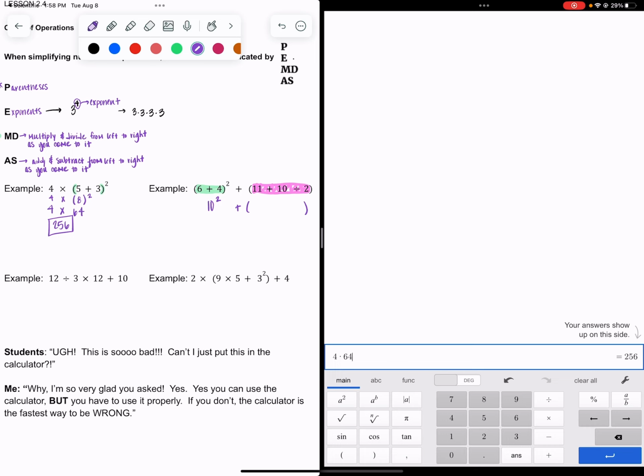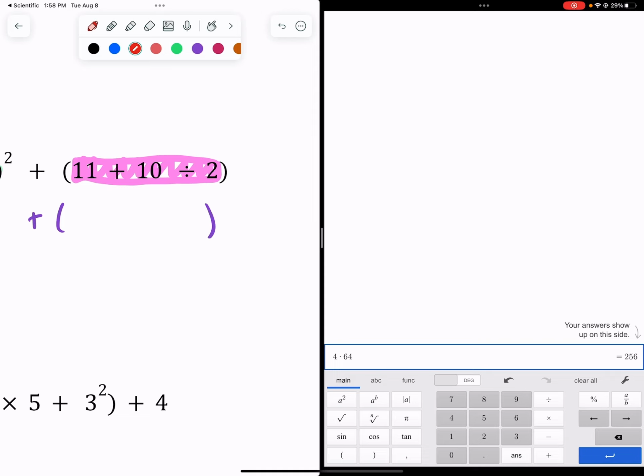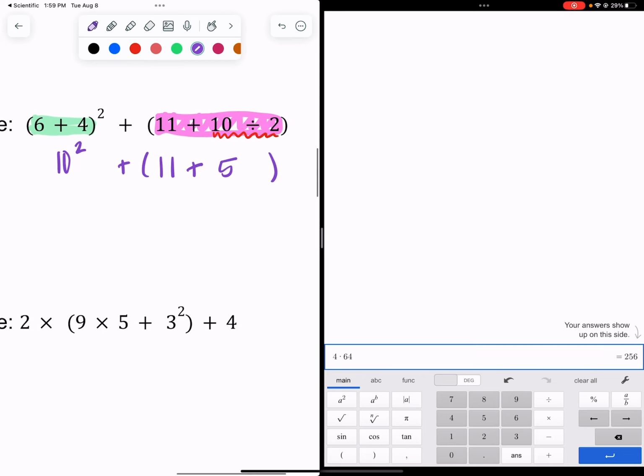It says that I do multiplying and dividing first. That means the first thing I'm going to do inside these parentheses is that division. So this is going to become 11 plus 5. Now I still have those parentheses there, so I am going to finish those off before I move forward. 11 plus 5 is 16.